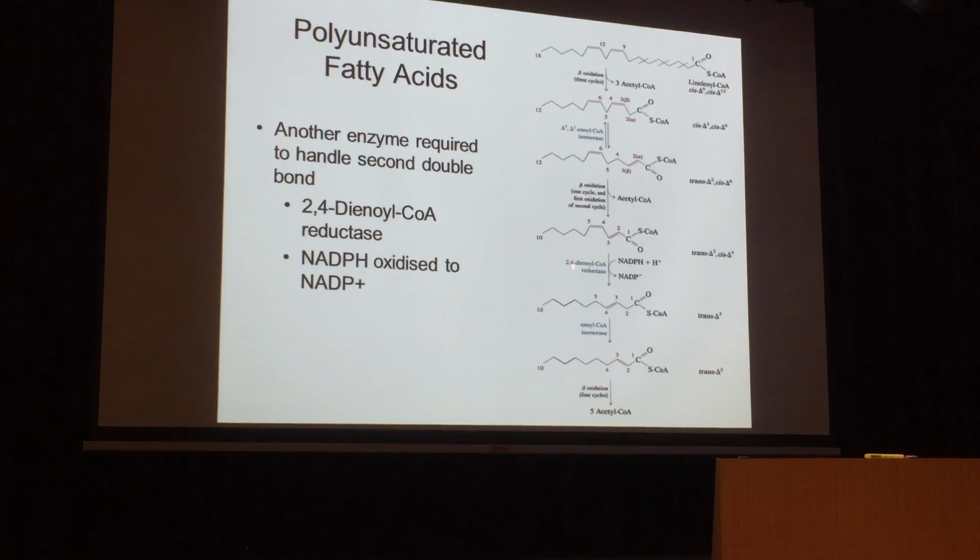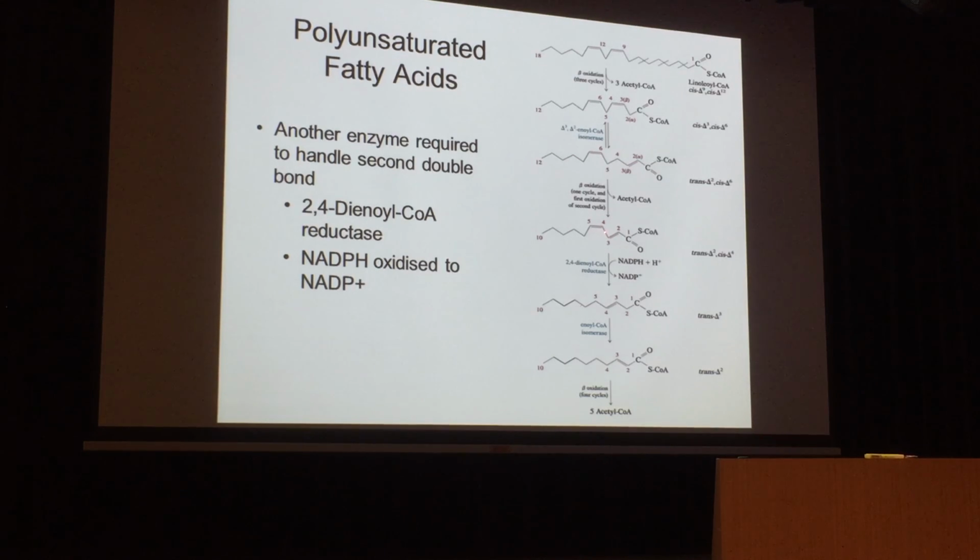Over here, this is the dienoyl-CoA reductase. Di-enoyl, so we have 2 enoyl here. The dienoyl-CoA reductase will take up one more hydrogen to convert this bond, to remove the double bond over here and move this double bond to the 3,4 position.